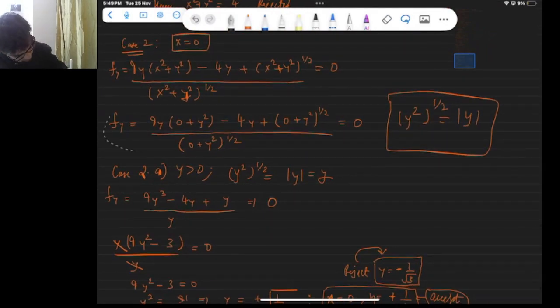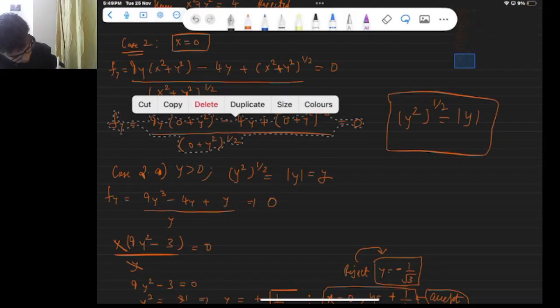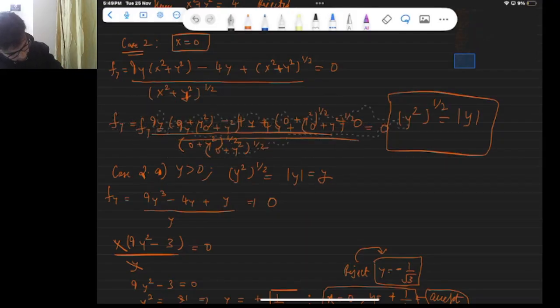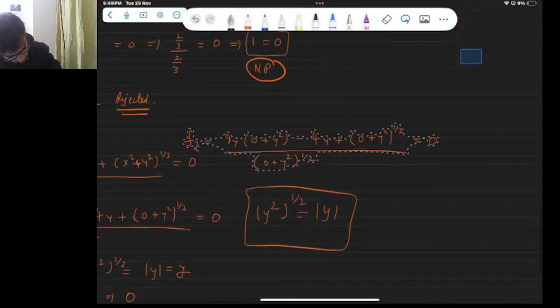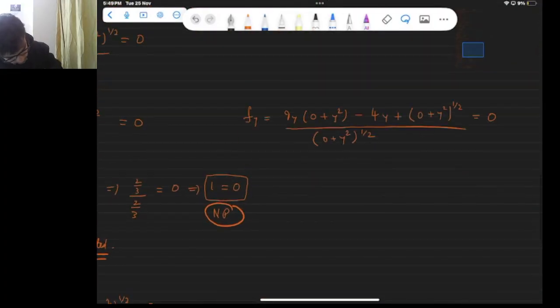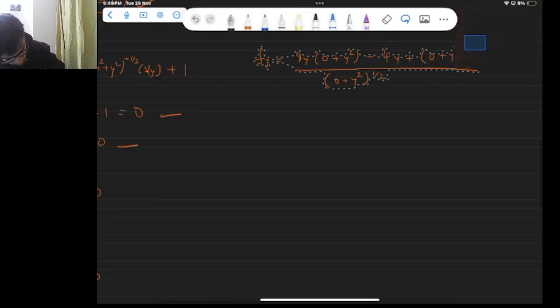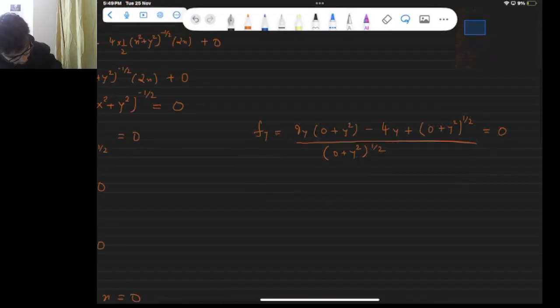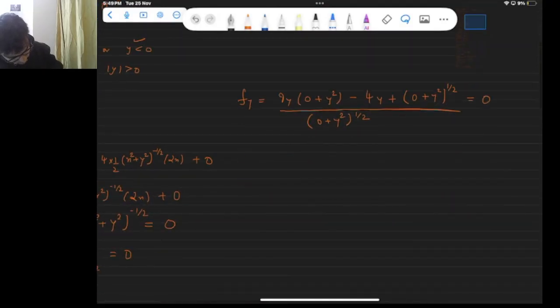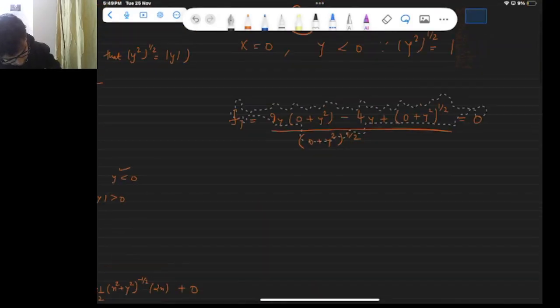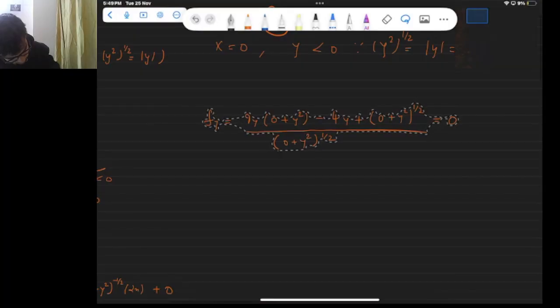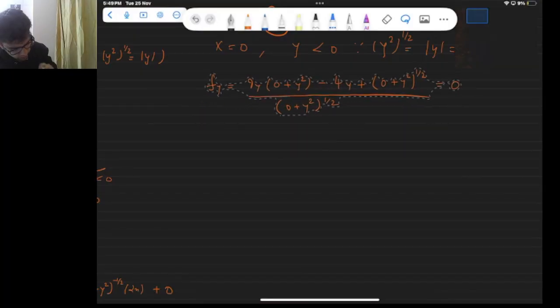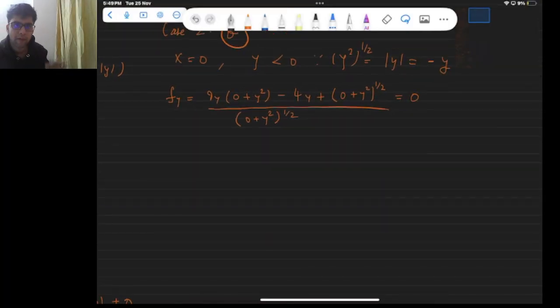After substituting x equals to 0, this was the expression that we were left with.